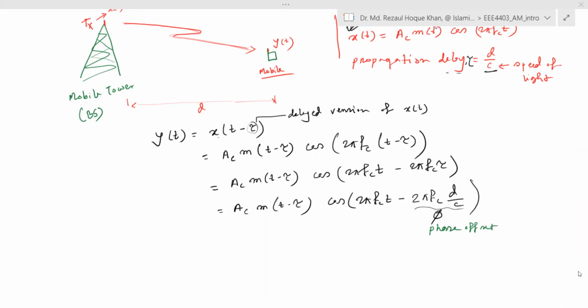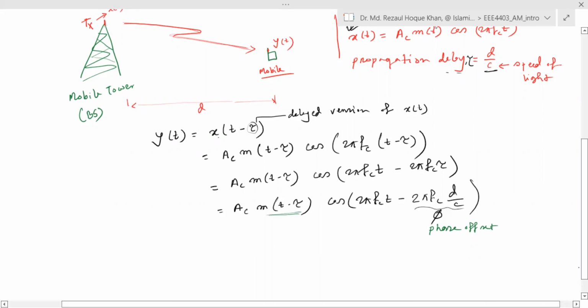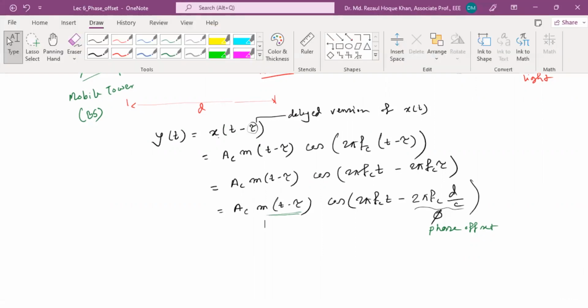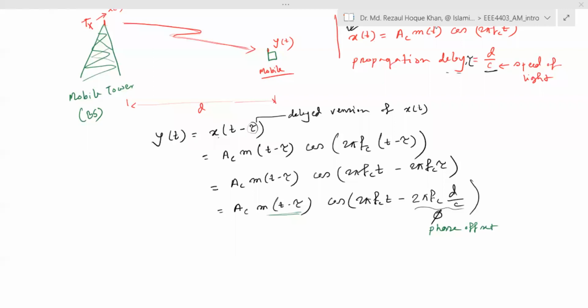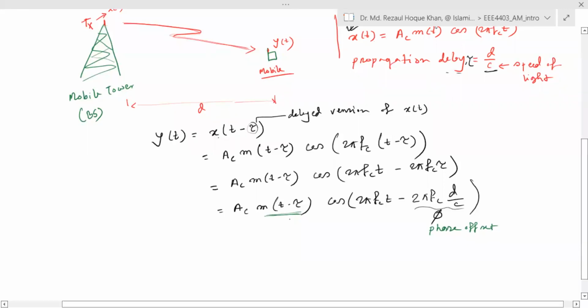So we find that 2 pi fc d by c is the phase offset. Here you see m(t minus tau). Now we can make a little more modification, with an assumption that the frequency of the message signal is much smaller than the frequency of the carrier.